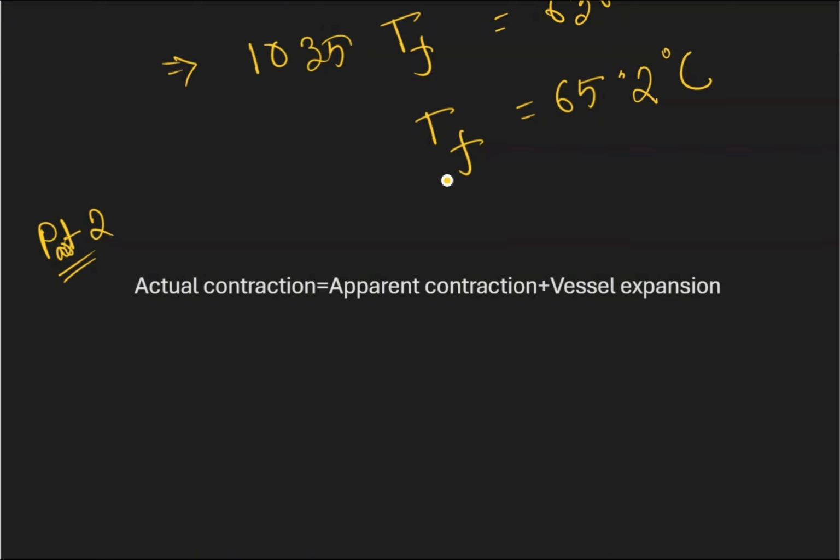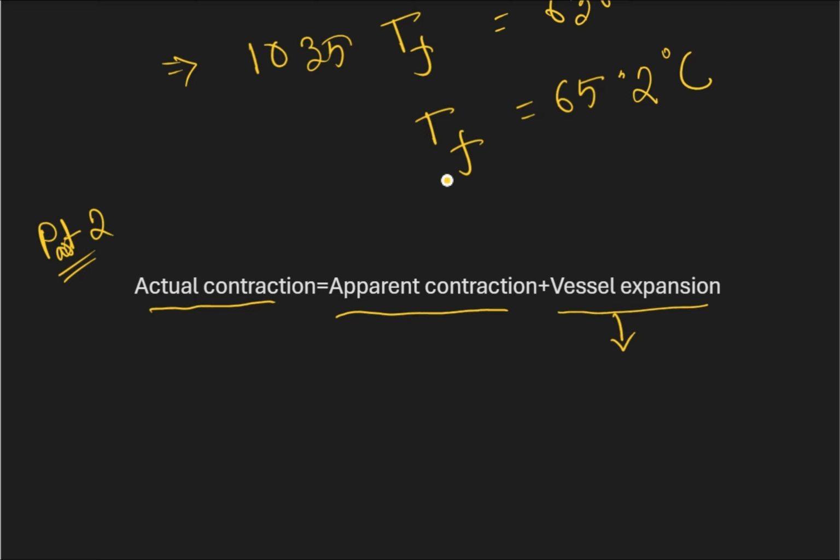For the second part, the important formula to solve the problem is that the actual contraction is equal to the apparent contraction and the vessel expansion. Indeed, we have to know the vessel expansion, that is very important to determine.